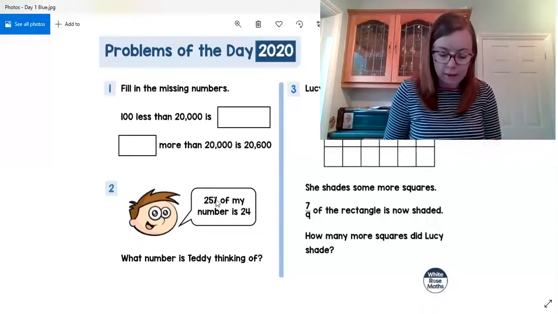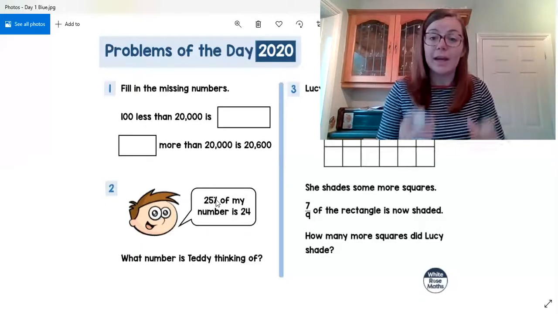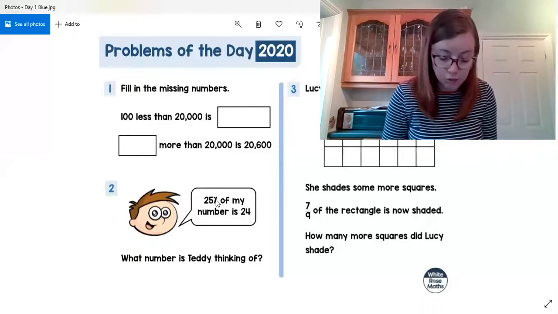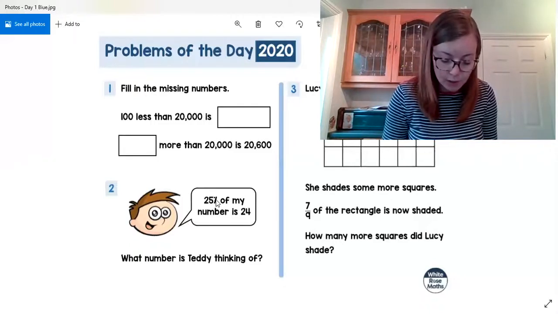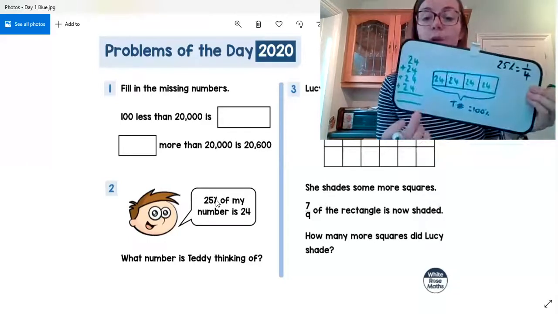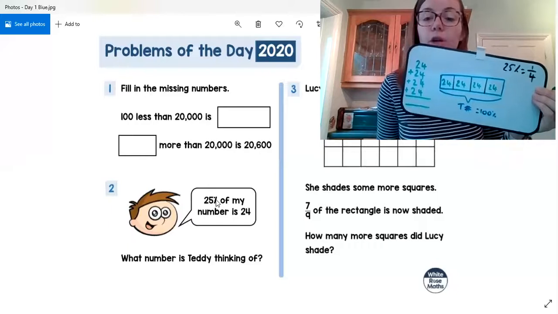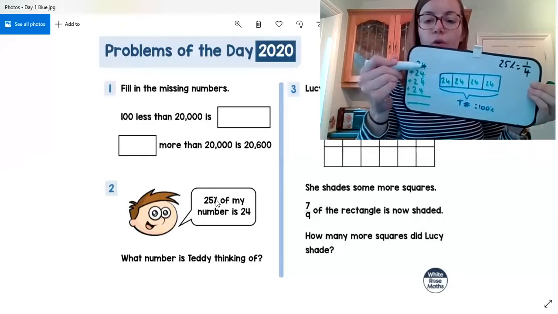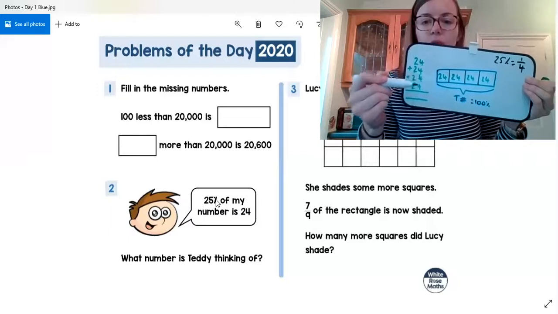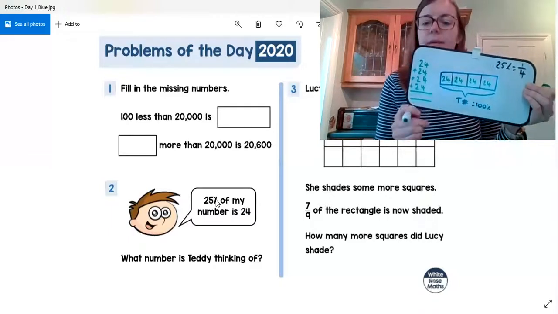So I'm going to write 24 in column addition over here. So my calculation is 24, add 24, add 24, add 24. And we all know when we do column addition, we are starting with our units. So I've got 4 plus 4 is 8, plus 4 is 12, plus 4 is 16.